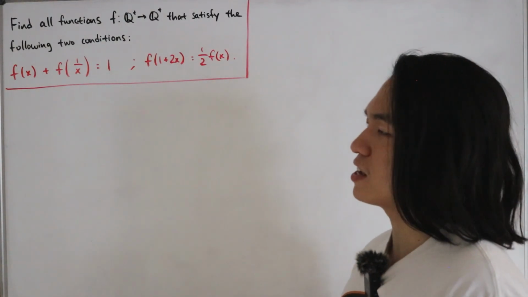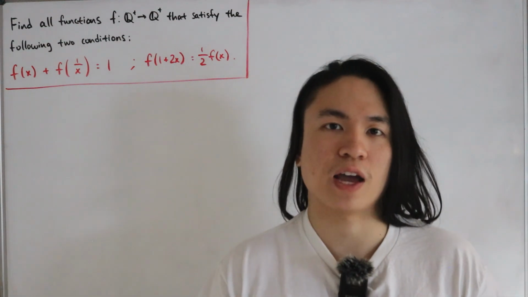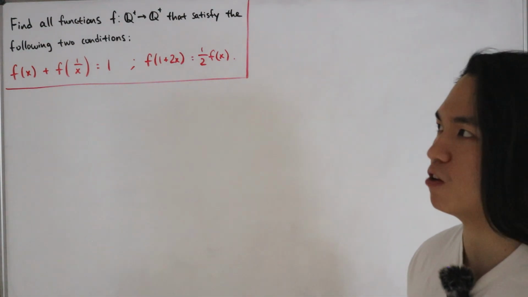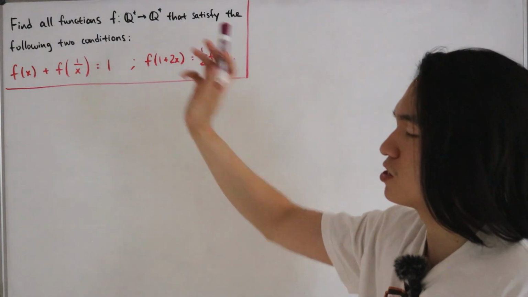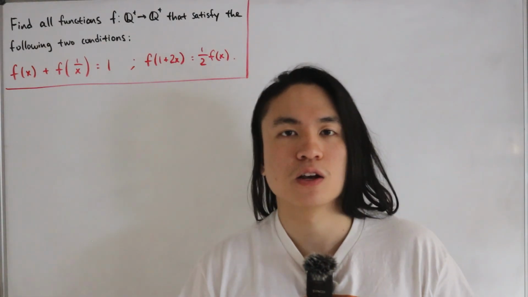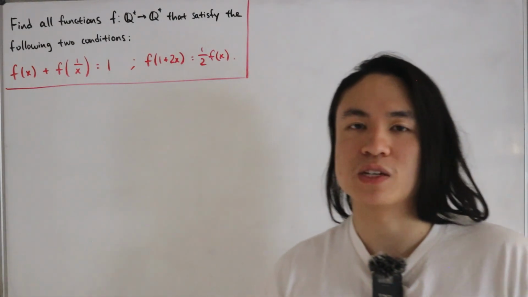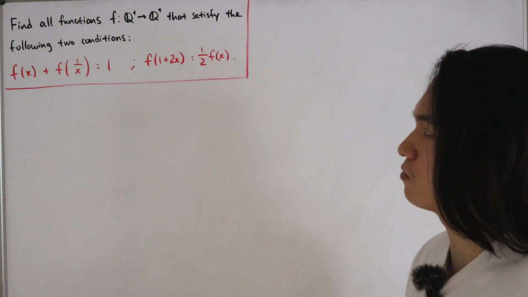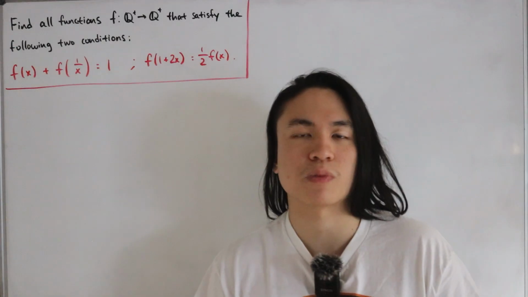Once we find the general solution based on those observations, we would like to verify that it satisfies those two equations. Basically nothing much needs to be said, as this is just an easier, standard case of solving functional equations. So why don't we just jump right in.